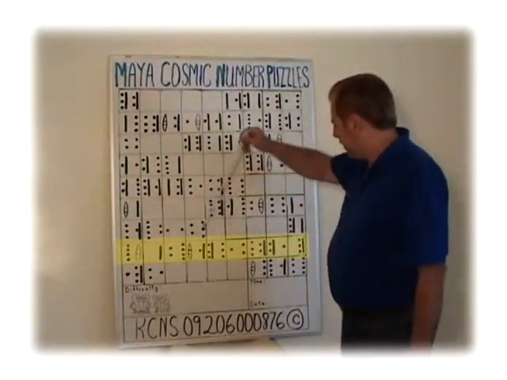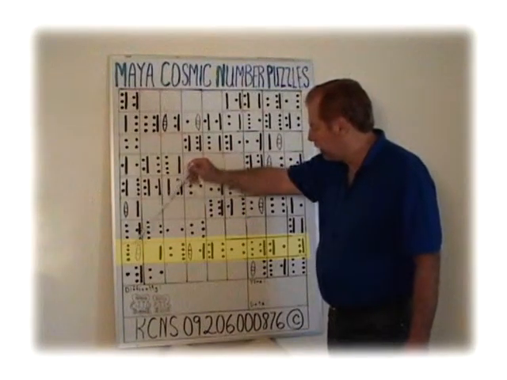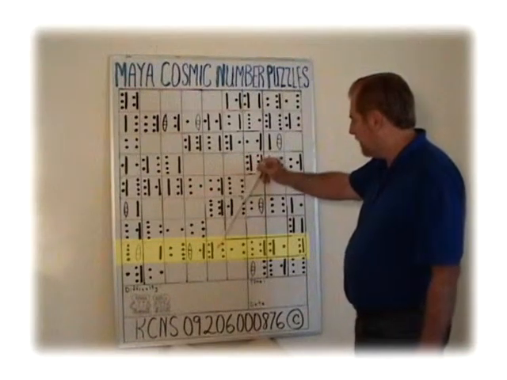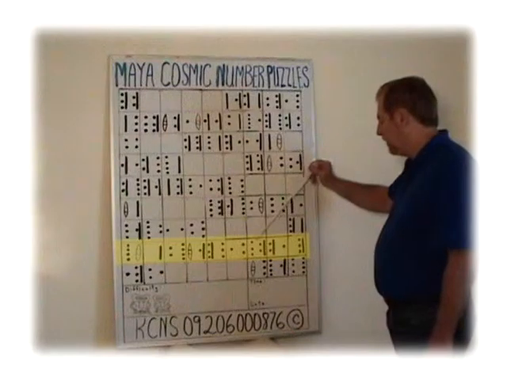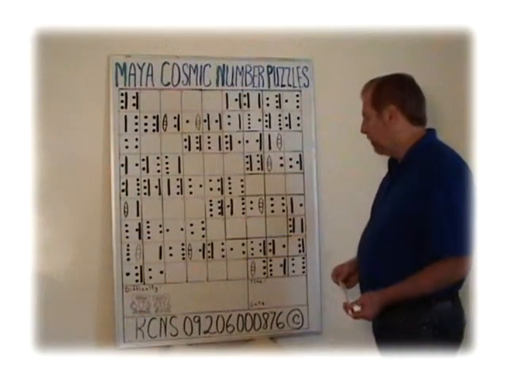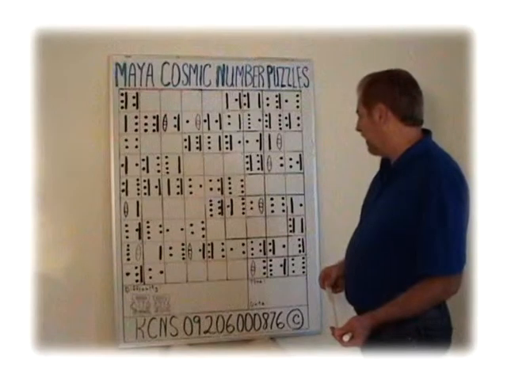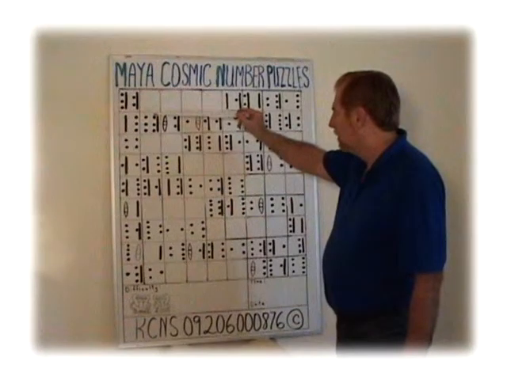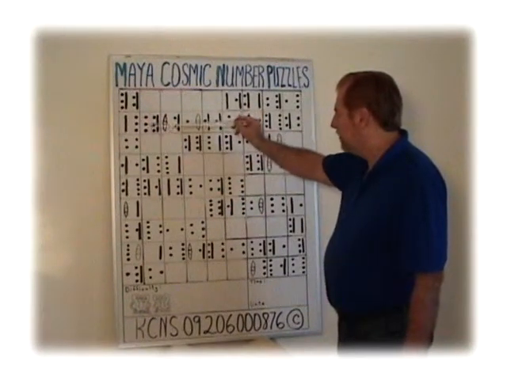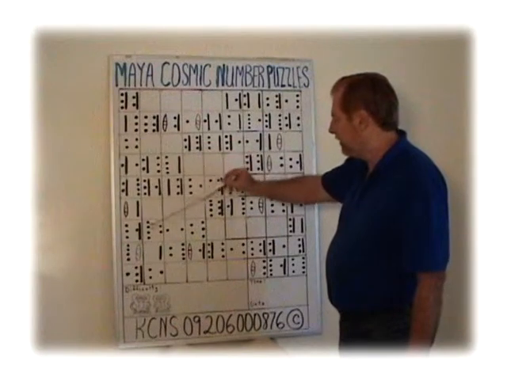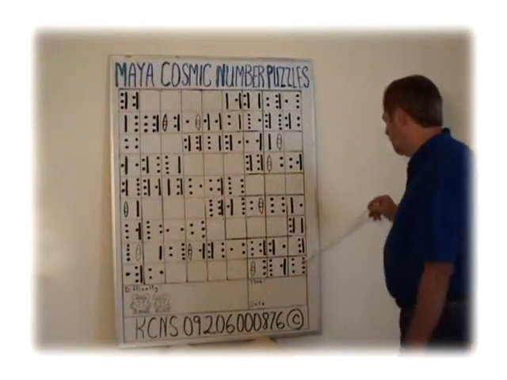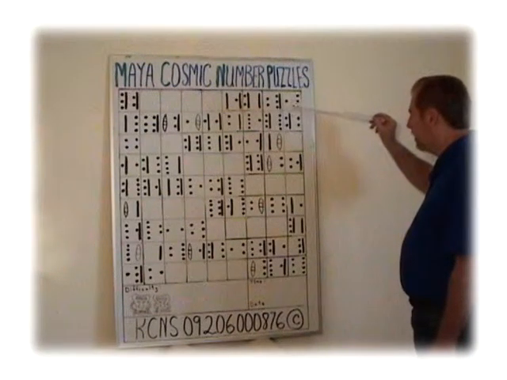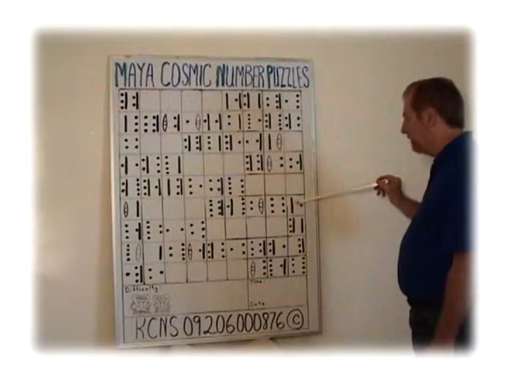Now, solving for the left side, we have a 4, we have a 2, we have a 0, we have an 8, a 1, a 3, a 7. So we are missing both the 6 and a 5. When we check this column, we see that we have a 3, a 7, an 8, a 4, and a 2. That does not help us. When we check this column, we see that we have a 1, a 7, a 2, a 5.